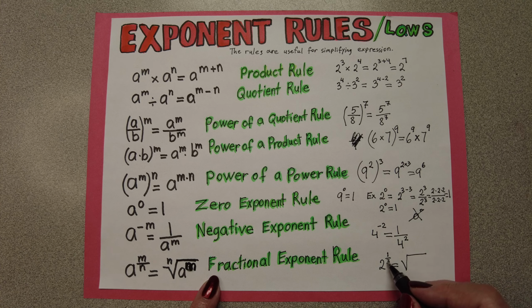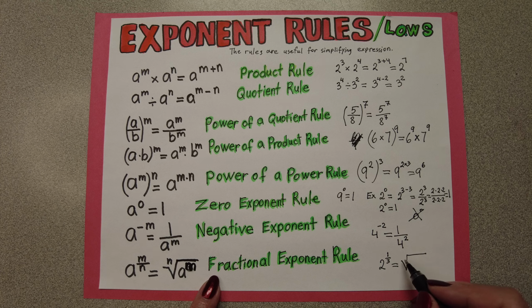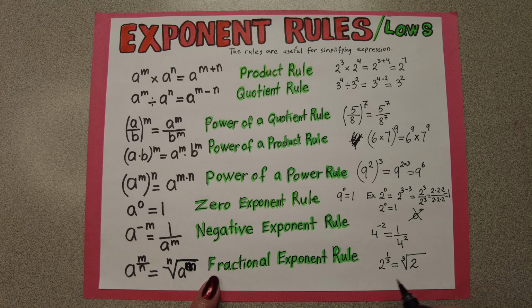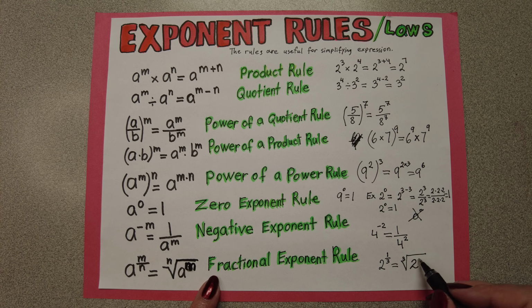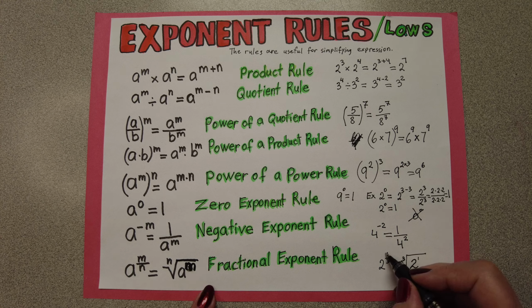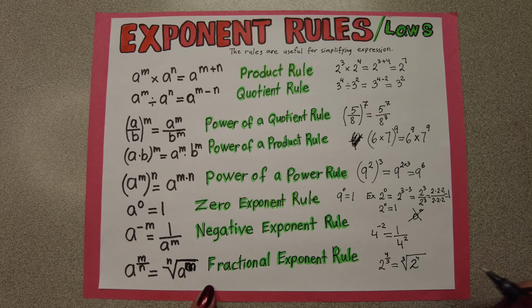If the denominator is 2, it would become a square root. If we have 3, it will become a cube root, with 2 coming inside. The base always remains the same, and the numerator becomes a power. Here we have 1, so we put 1. If it was, say, 4, we could put 4 here.